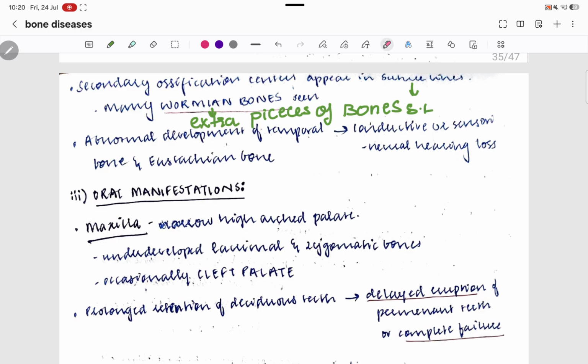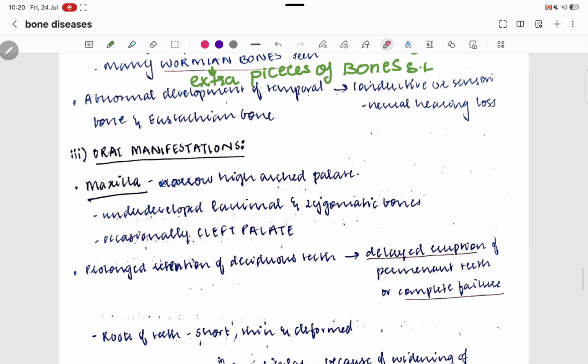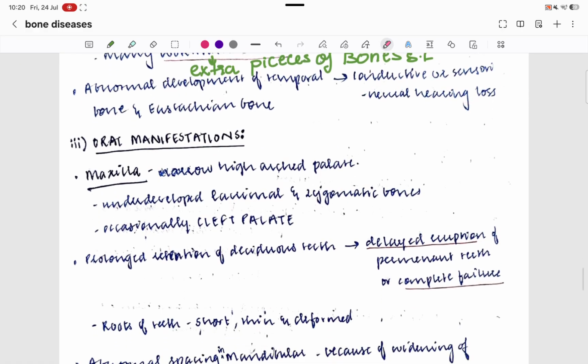Abnormal development of temporal bone, and conductive or sensorineural hearing loss. The eustachian tube is also not well developed.